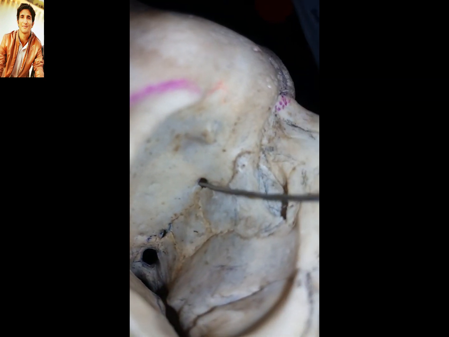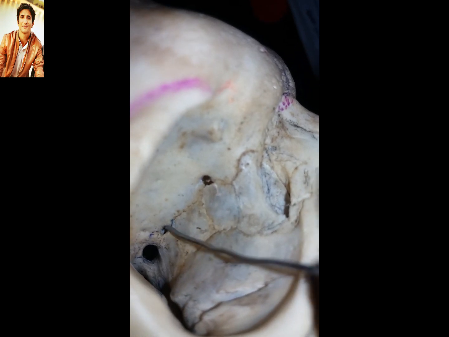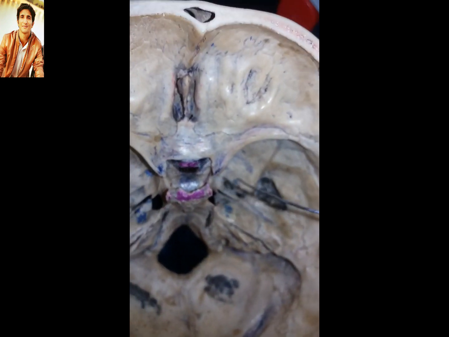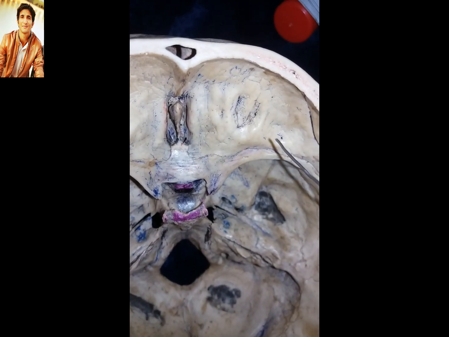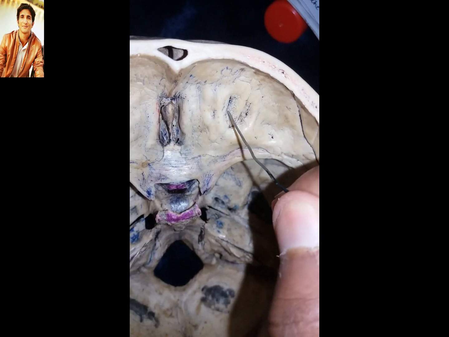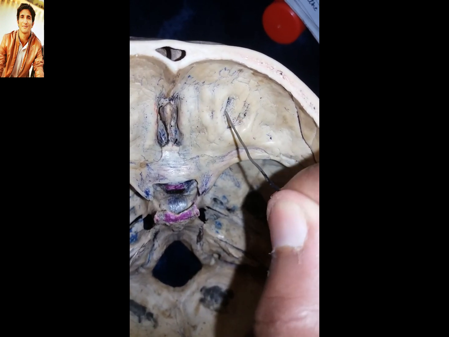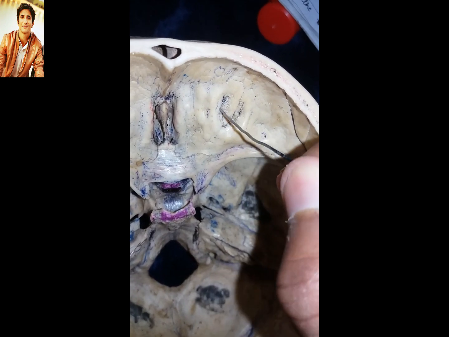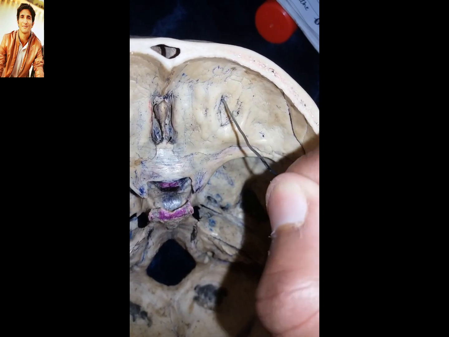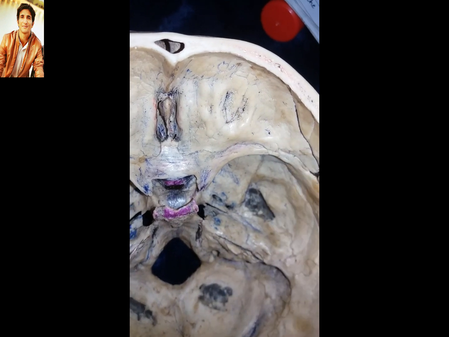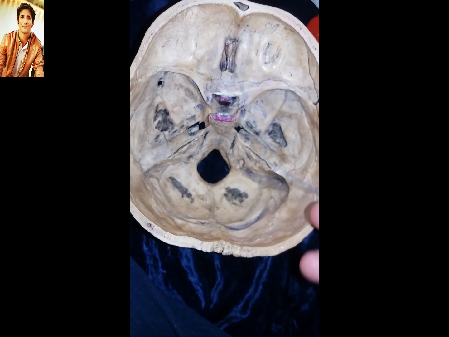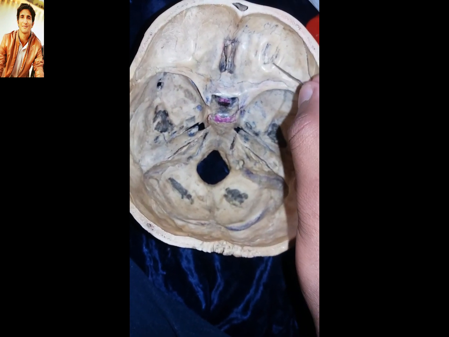This is the anterior ethmoidal foramen and this is the posterior ethmoidal foramen. On the anterior surface, you will find impressions formed by the frontal lobe of the cerebral hemisphere.